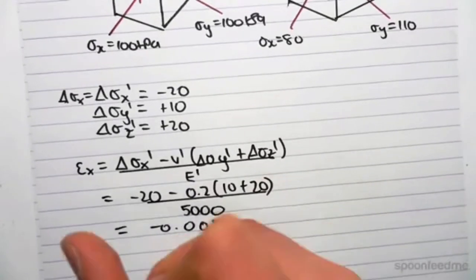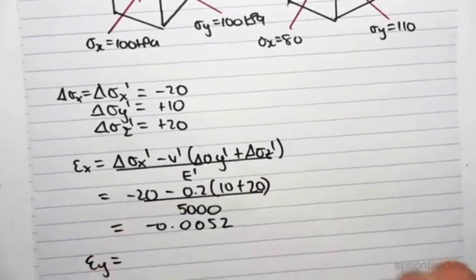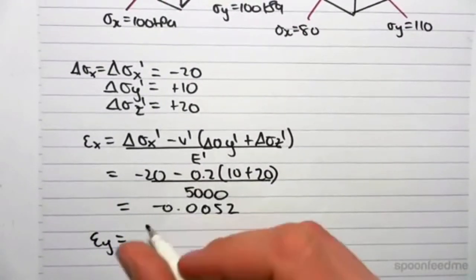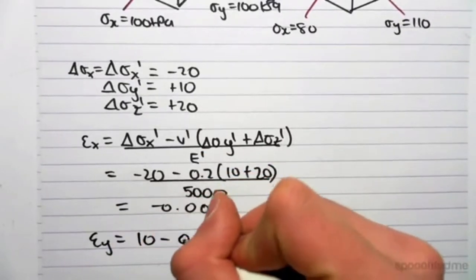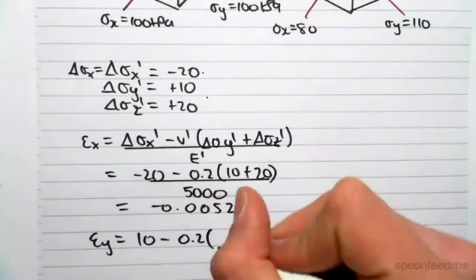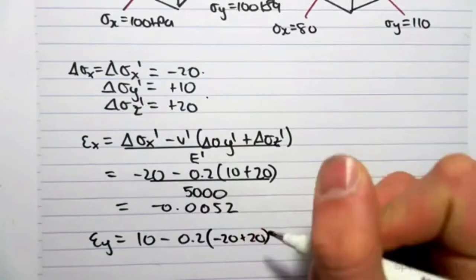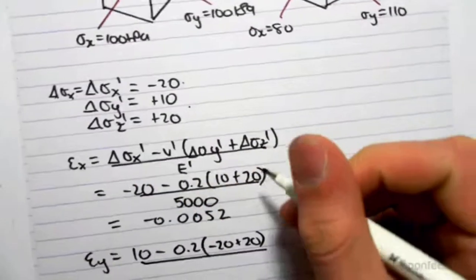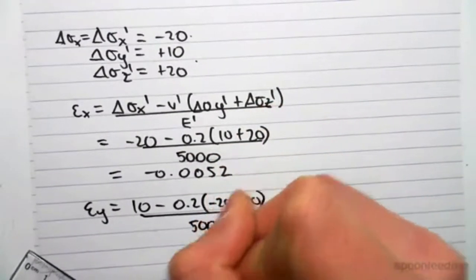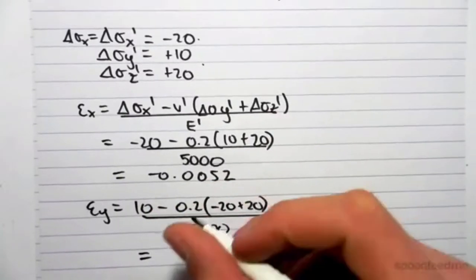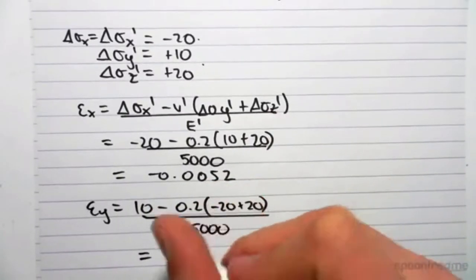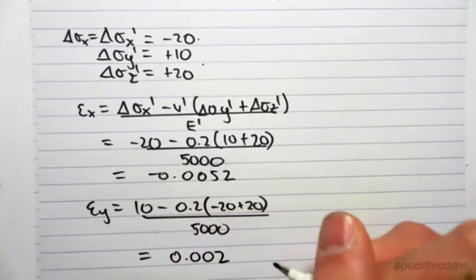We could then find the strain in the Y direction. So it would be 10 minus 0.2 outside of minus 20 plus 20, all over 5,000. And we would get an answer of 0.002.